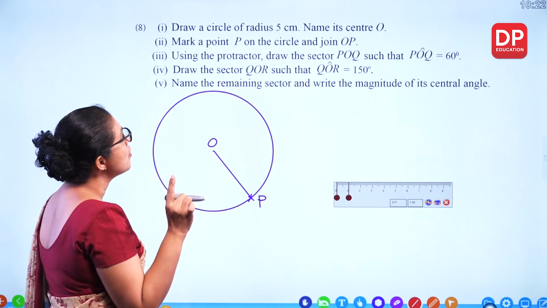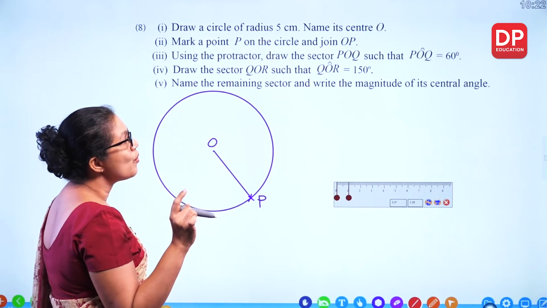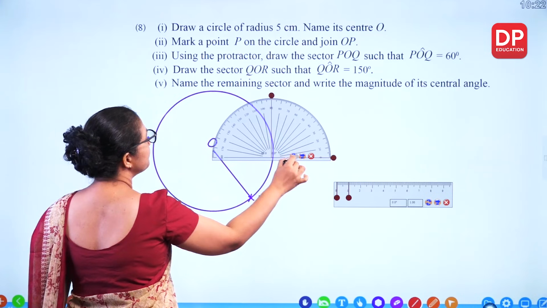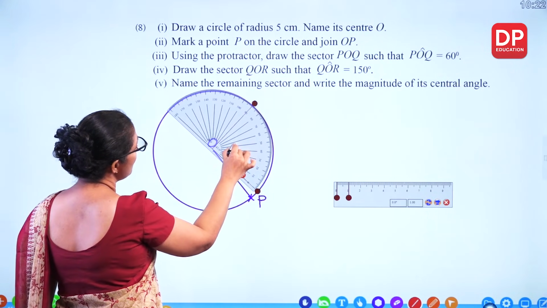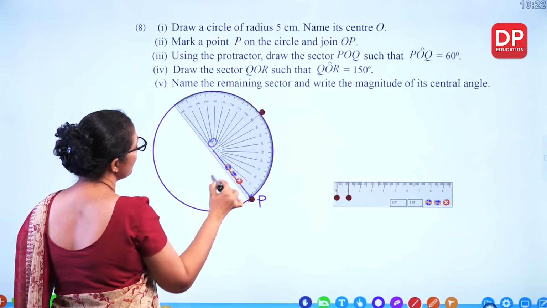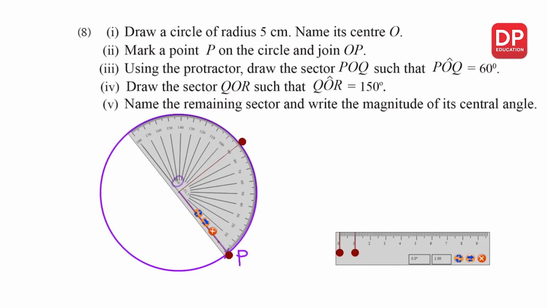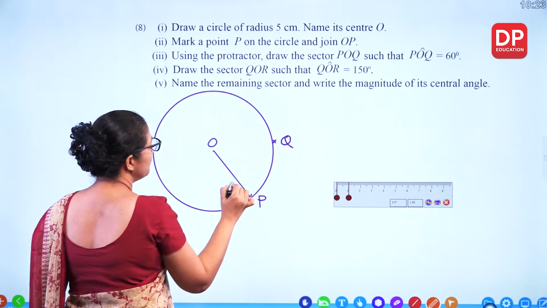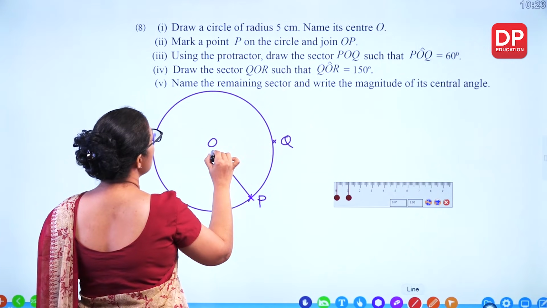Using the protractor, draw the sector POQ such that POQ is 60 degrees. So take the protractor and measure a 60-degree angle. POQ, so from here, 60 degrees. So I can mark the point here. That's Q, and this is POQ.